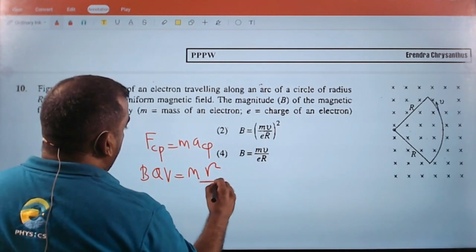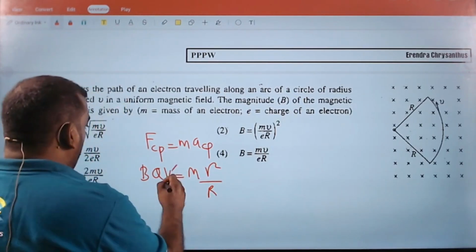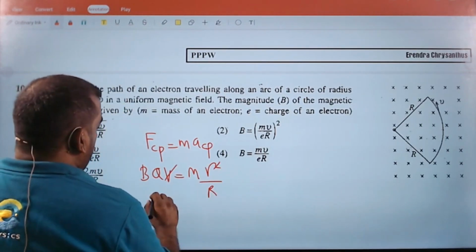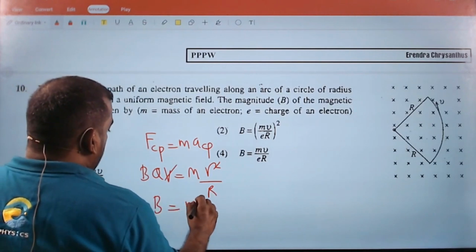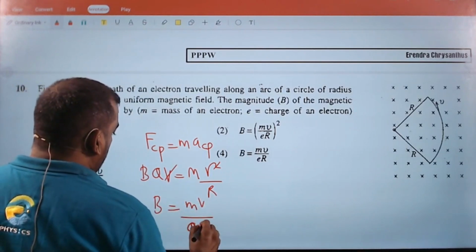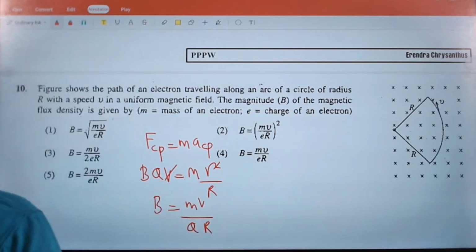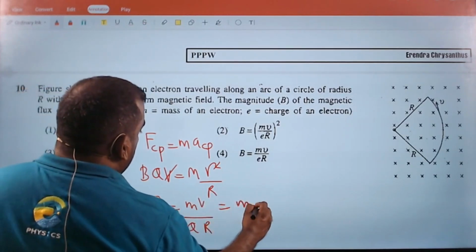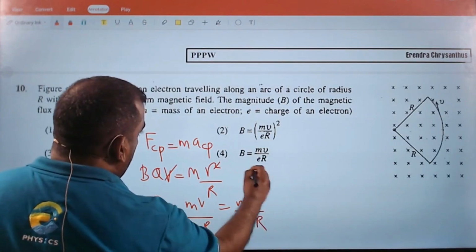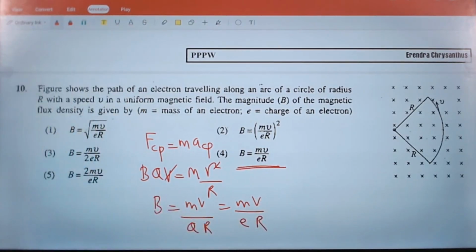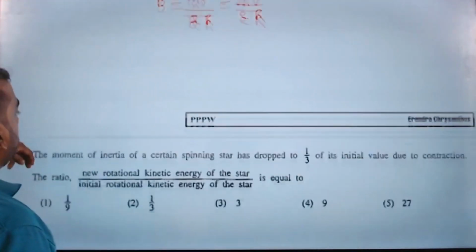So Bqv equals mv squared over radius r. One velocity will cancel off. They want the magnetic field: B equals mv over qr. So q is going to be the charge, the charge of the electron e. So B equals mv over er. Answer number 4. Right.